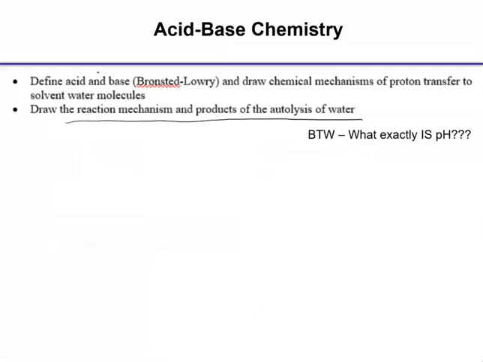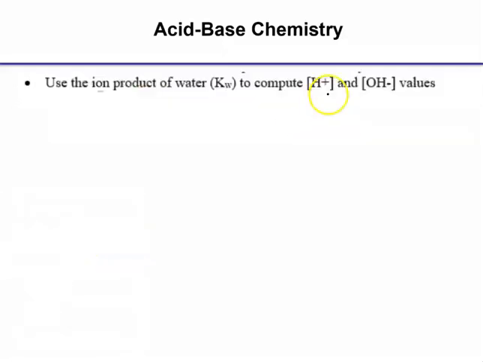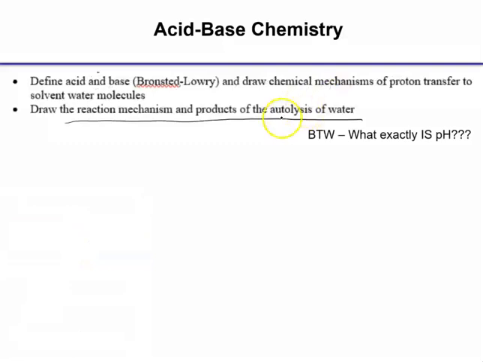Let's look at the reaction mechanism and products for the autolysis of water. So autolysis or autolysis, either way, both are fine to use. The deal here is that we have the self-splitting of water. And we tend to think of the self-splitting of water as happening in this way, but it's not exactly what's happening in reality.